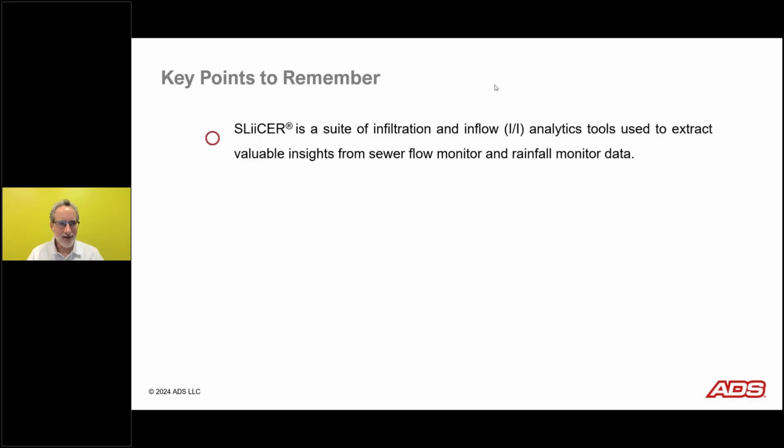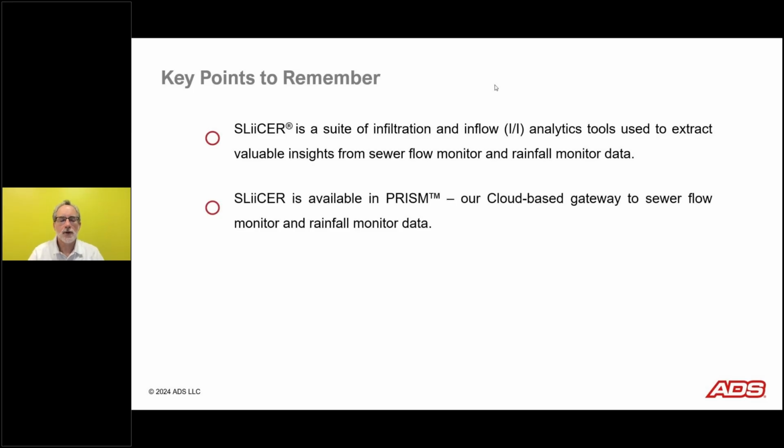Perhaps they have too much data and don't feel they have the time to go through all of that data. SLiiCER will help you go through it a lot faster. Recognize that SLiiCER is available in Prism. Prism is our cloud-based web platform for sewer and flow monitor data, and SLiiCER is an analytics tool that is embedded within Prism.